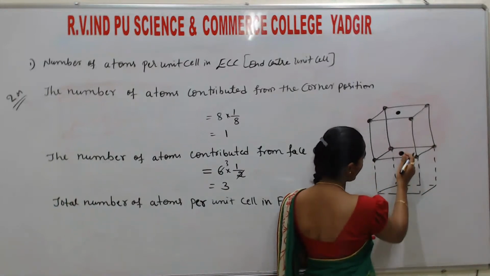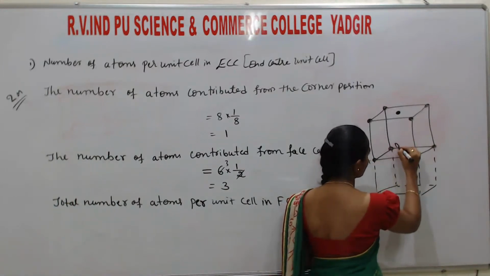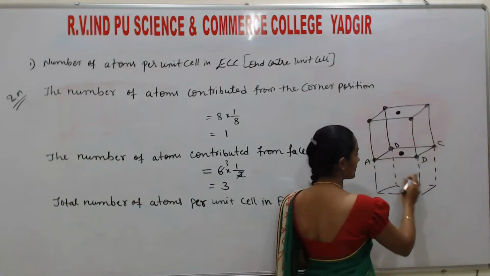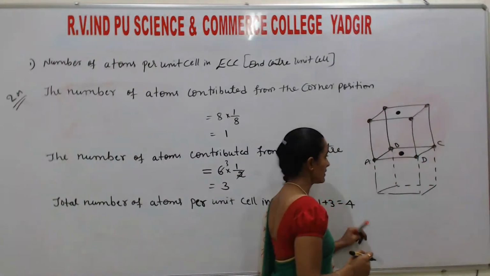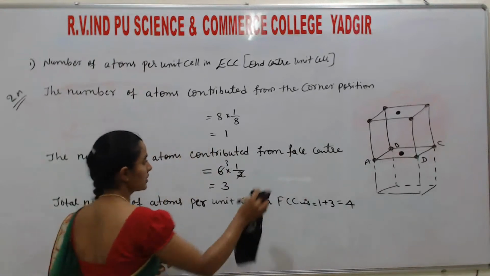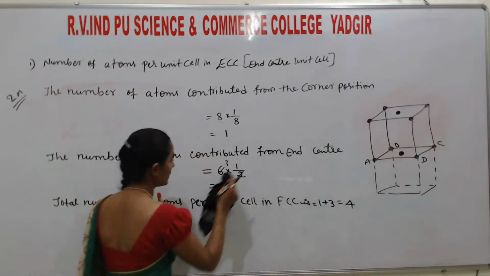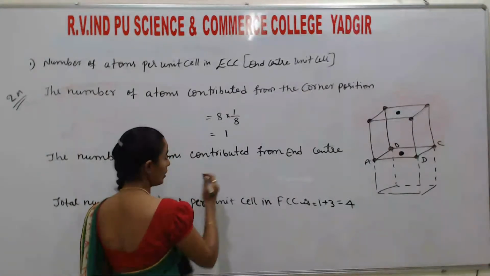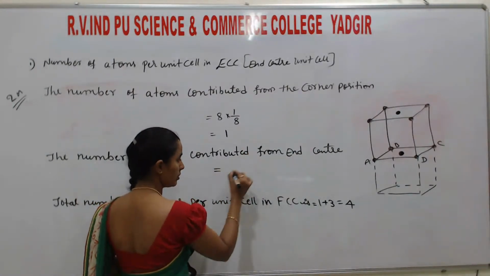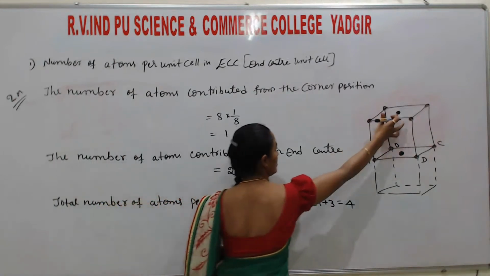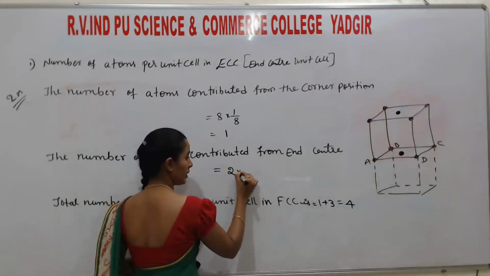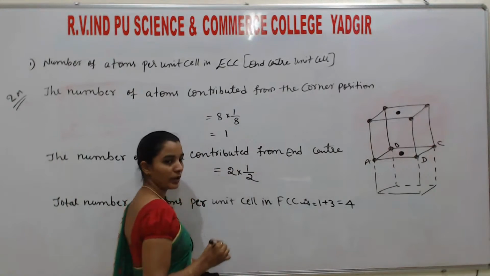again, this is shared between how many units? So this A, B, C, D you consider, it is also shared between 2 units. So the total number of atoms contributed from end center is how much? 2 atoms are there. Per unit cell, that is 1 by 2.